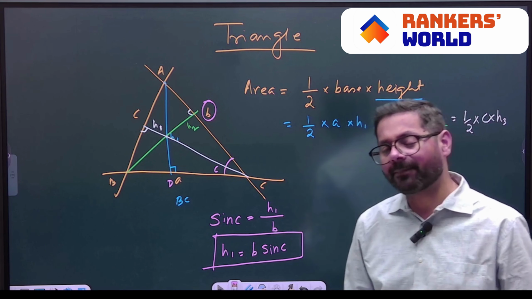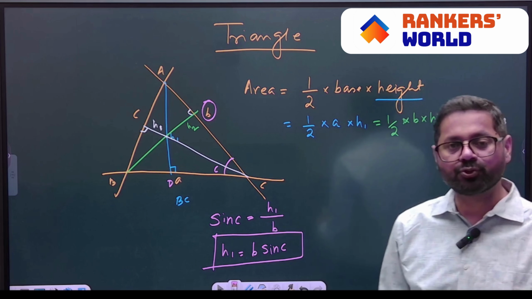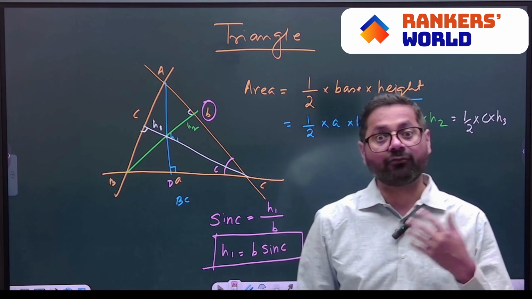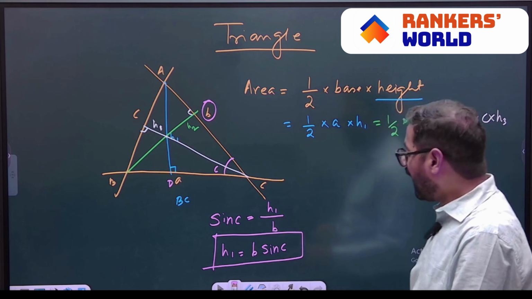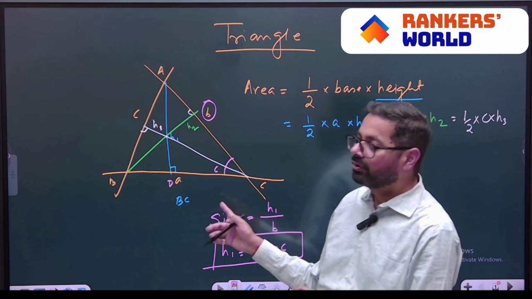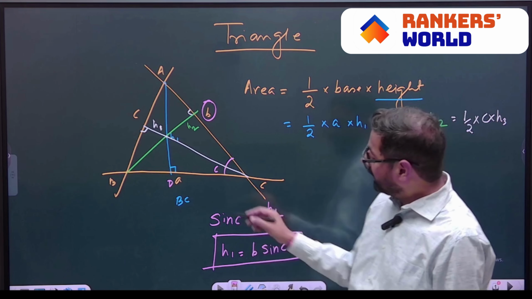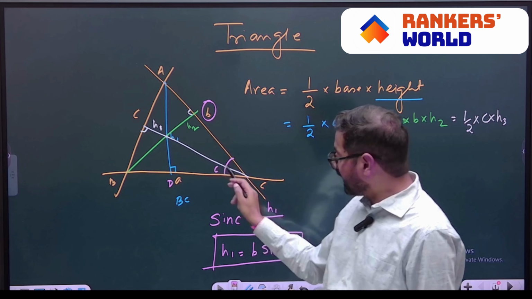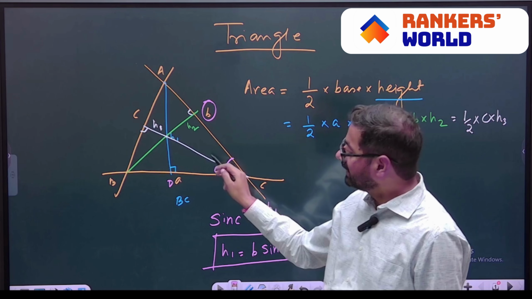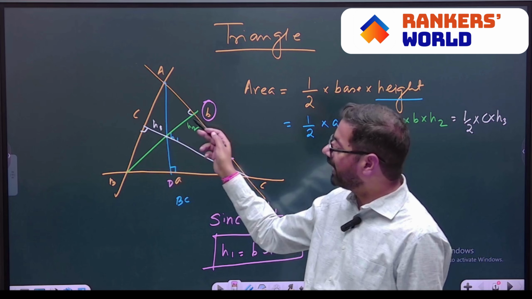So what will happen if I go for H2? What value do I get when I want H3? I think I can have a symmetry or a cyclicity in it. If it is B sine C, then accordingly what will happen to H2?